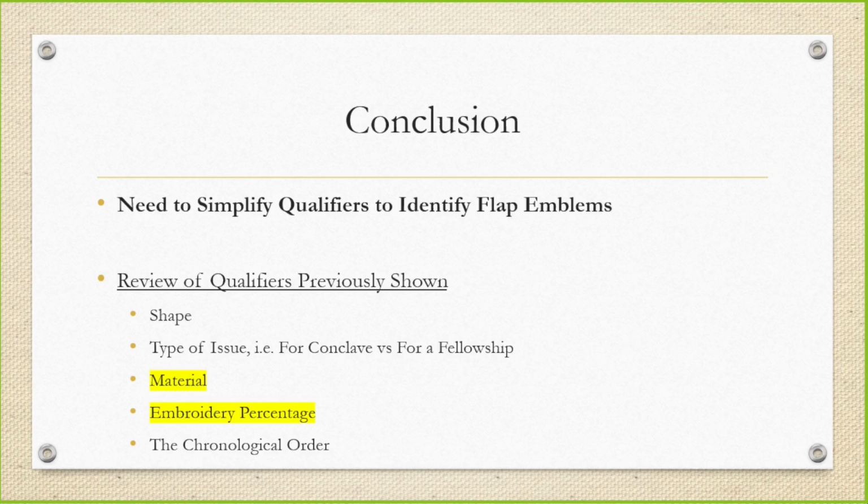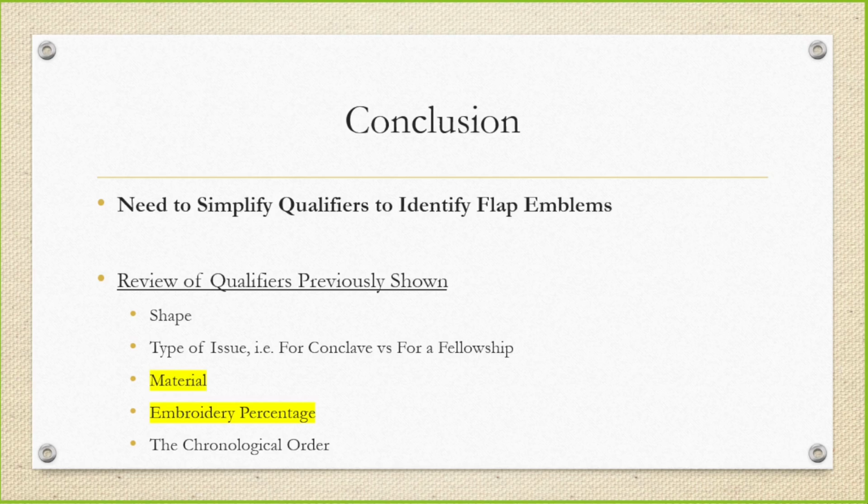I think that we at least need to look at getting rid of the material requirement for flaps. It doesn't make any sense to me that if I make a flap out of metal, it's not listed as an F, but if I make it out of wood, it is an F. It doesn't make any sense to me that I can 3D print one and that is an F, but if I call up a company and have a chenille made, well, we're going to call that a C. Basing a qualifier on material but then excluding other materials is not consistent.